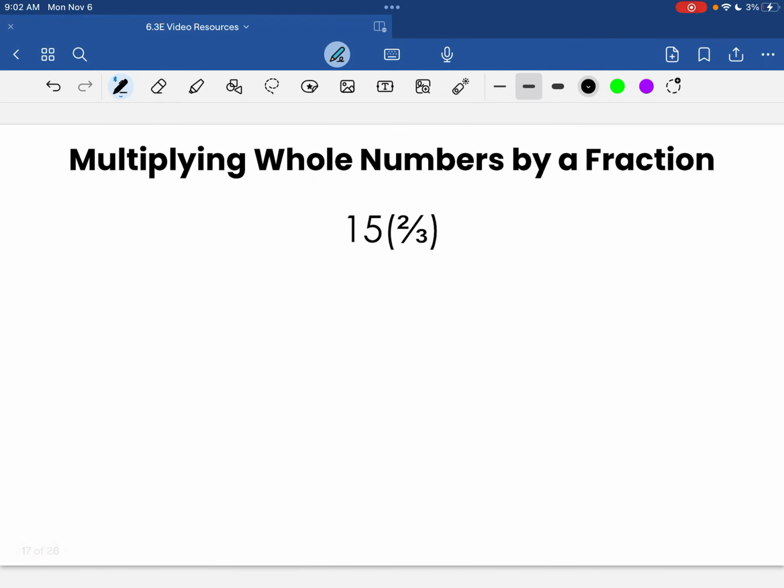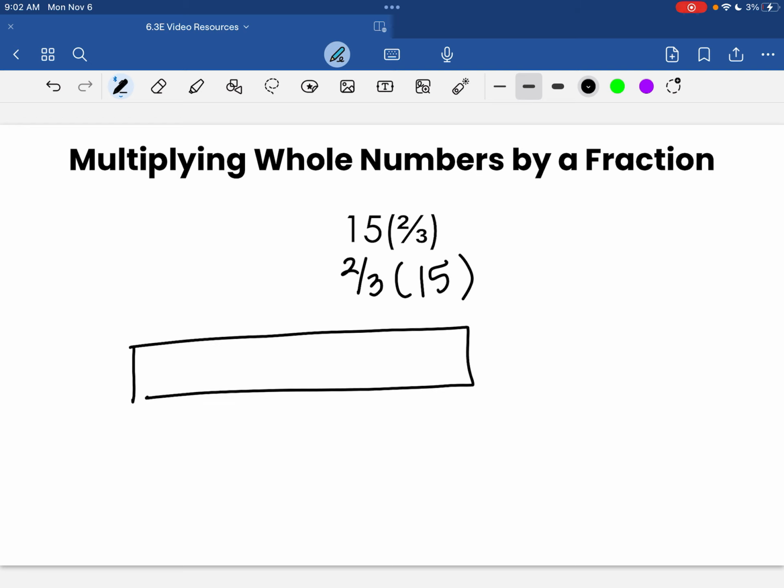All right, now we have 15 times 2/3, which again, because multiplication is commutative, I can say is the same thing as 2/3 times 15, or 2/3 of 15. So I will draw a strip diagram representing 15.